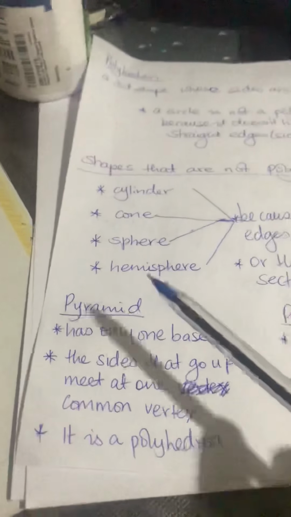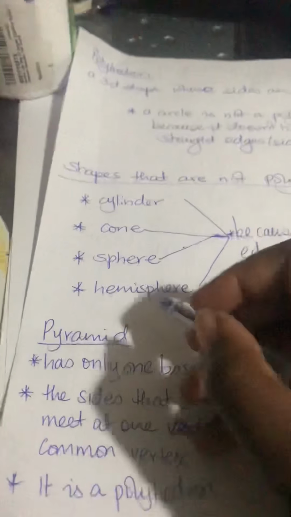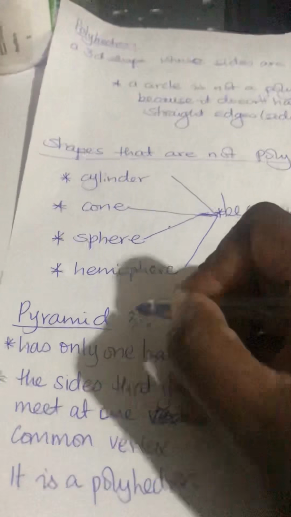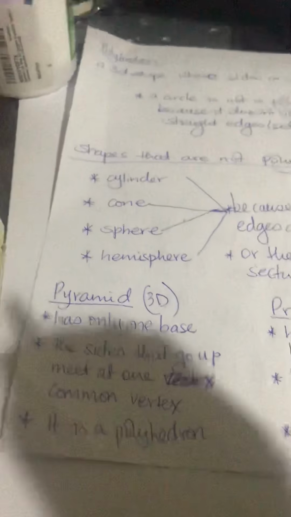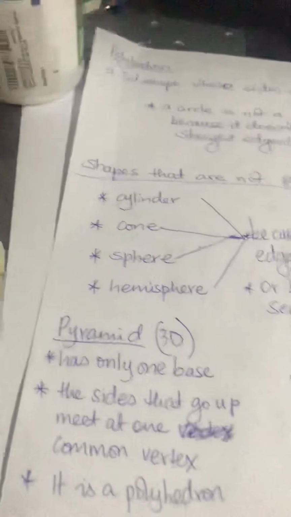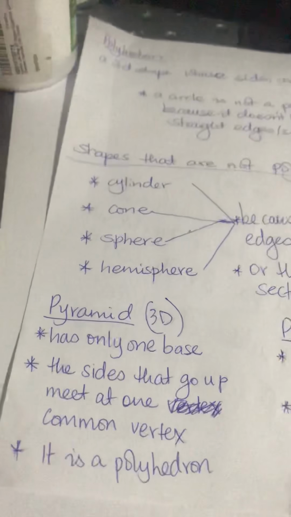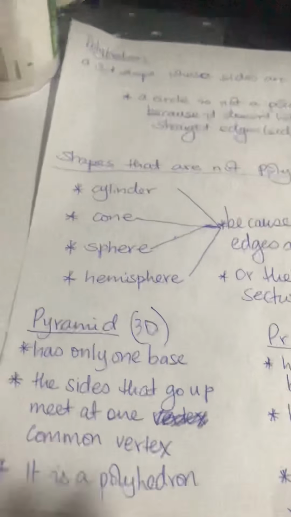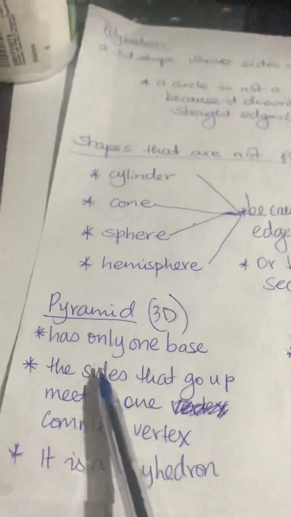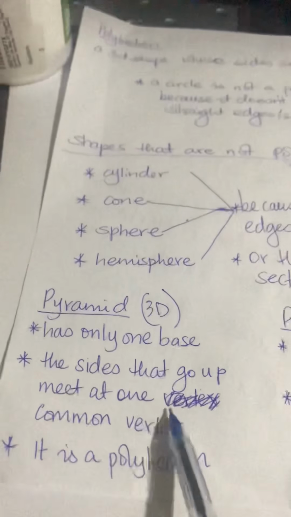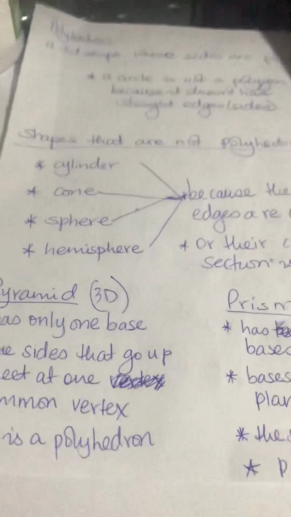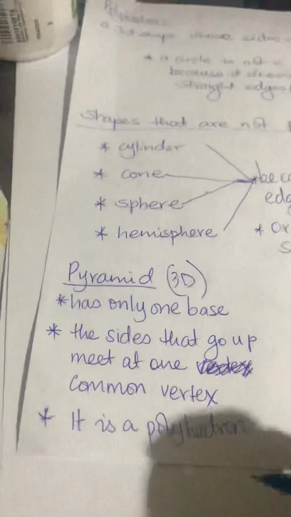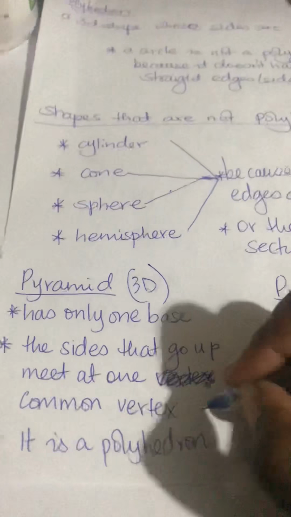For a shape to be a pyramid, one, it has to be 3D. It cannot be 2D. The same thing with a prism. It has to be 3D. A pyramid has only one base. It can't have two bases, one base only. And the sides go up and meet in one common vertex. Okay? And the faces are triangles.